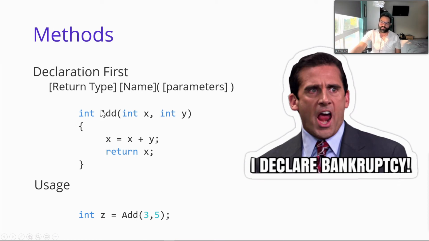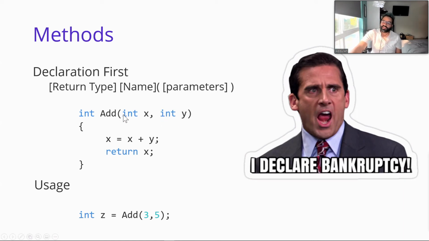It's very customary when programming to give variables lowercase names and for methods to have the first letter be capital, and then you open up a brace and have the different types of parameters inside of it.